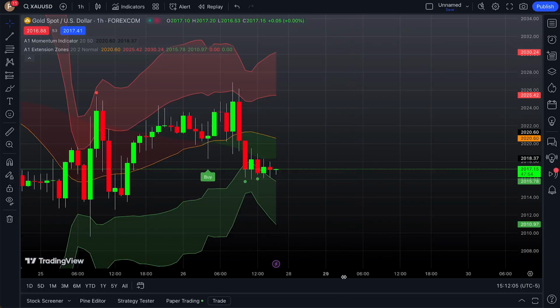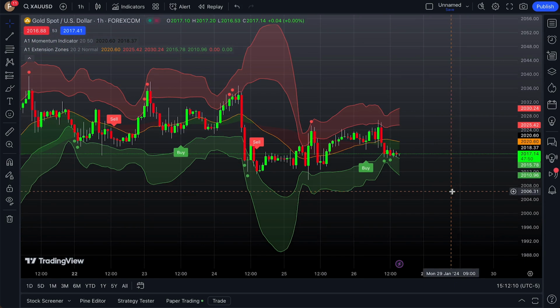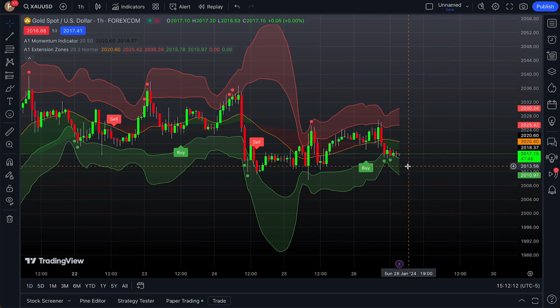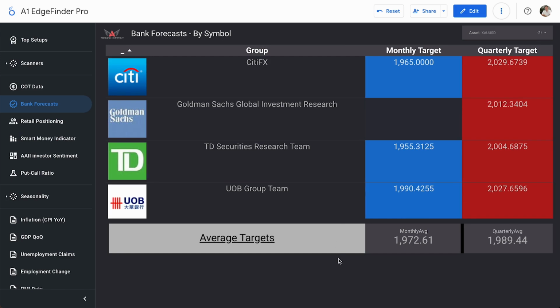So again, banks are forecasting an initial drop in price for gold, but that it won't last too long and that price will slowly begin to start rising up towards 2,000 again. That's how we can read this bank forecast tab.